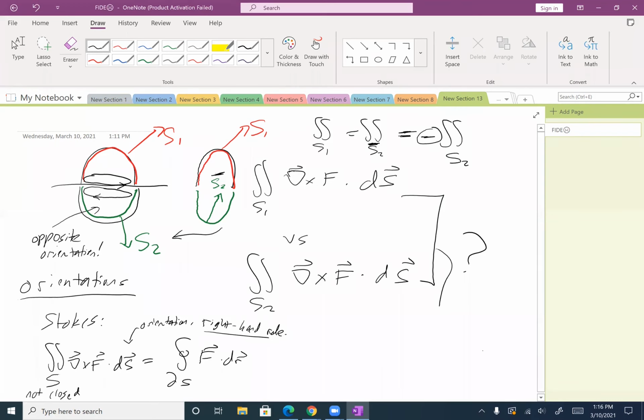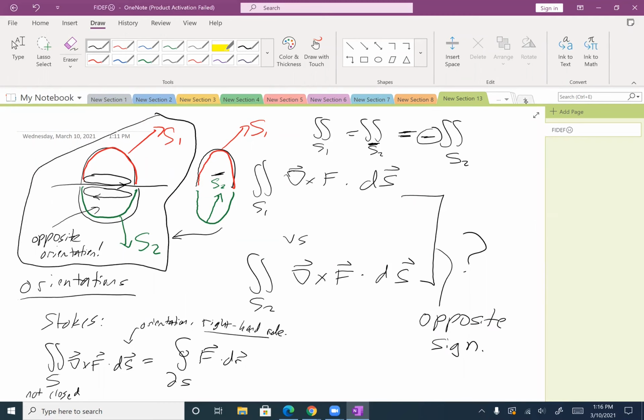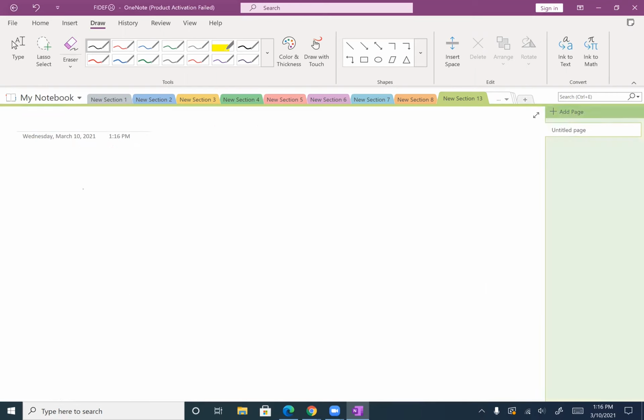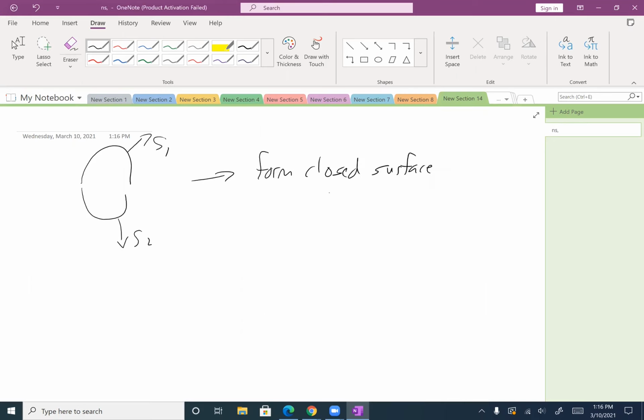And just to belabor this point slightly more, we can actually show this another way. You can use the divergence theorem to prove this. If I draw S1 and S2 like so, then they actually form a closed surface, which is outward.